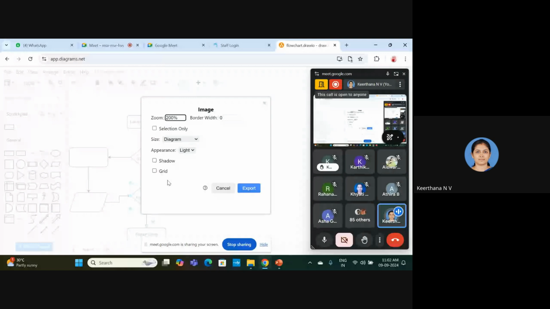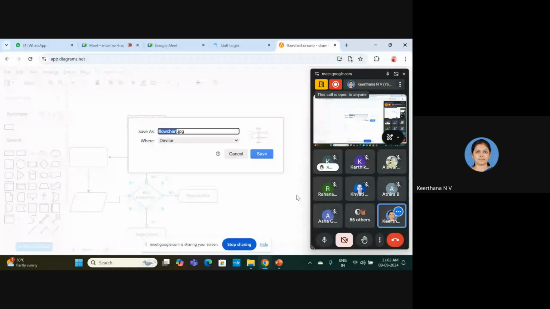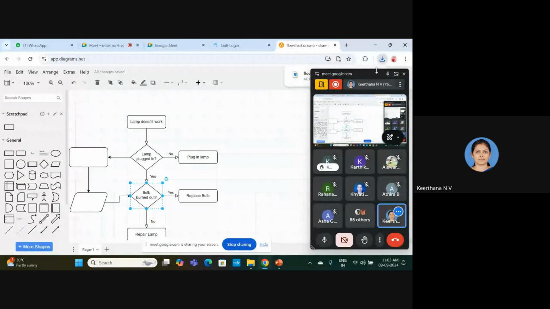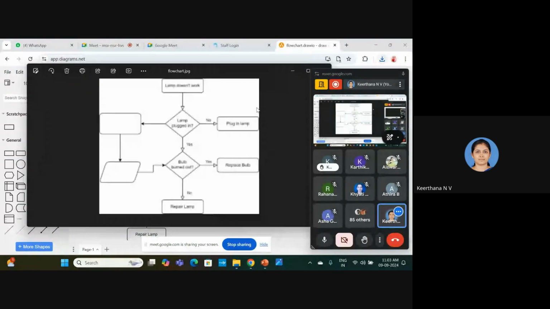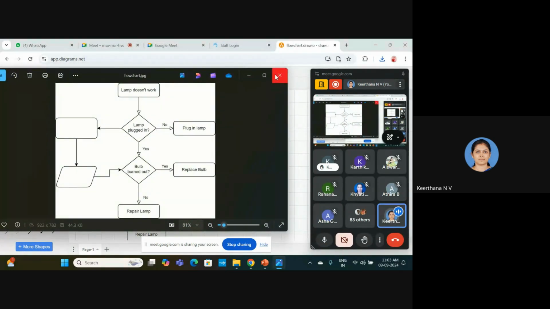If you want to show grid lines in the background of the flowchart, you can select grid. If you want to show shadow for the symbols, you can select it, then click export with the name of the flowchart, and it will be downloaded. See here, my flowchart is converted into an image. So this is a tool for drawing a flowchart.